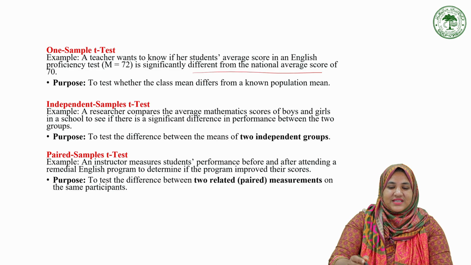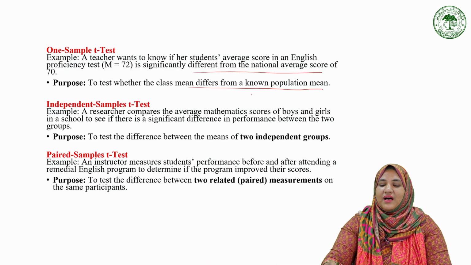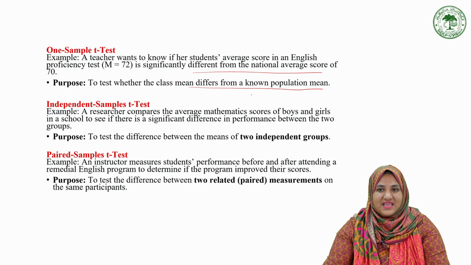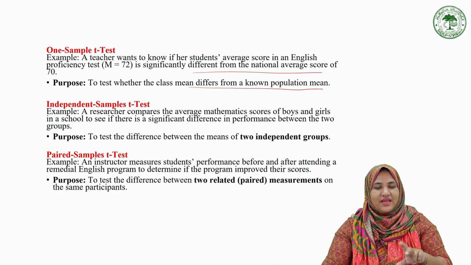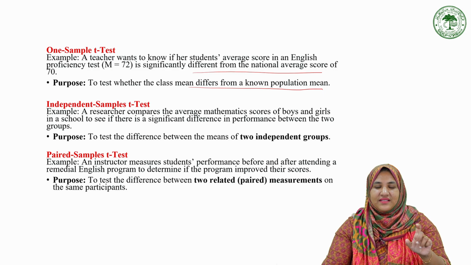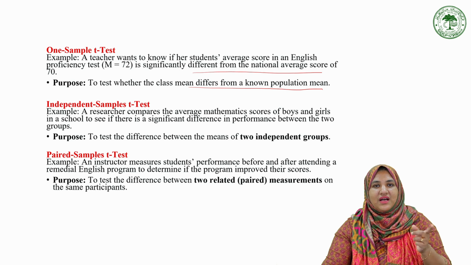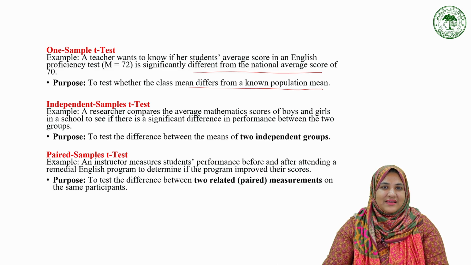So here we test whether the class mean differs from a known population mean, and that is known as a one sample t-test. There is only one sample here, the students, and their proficiency test score is being compared with the mean score of the population. Such a test is known as the one sample t-test.